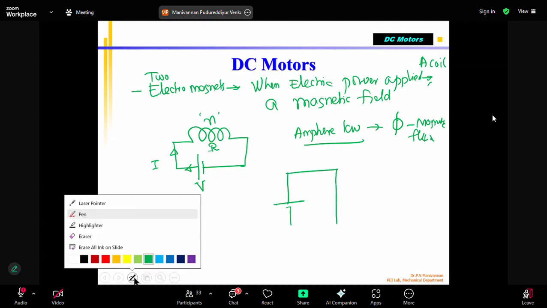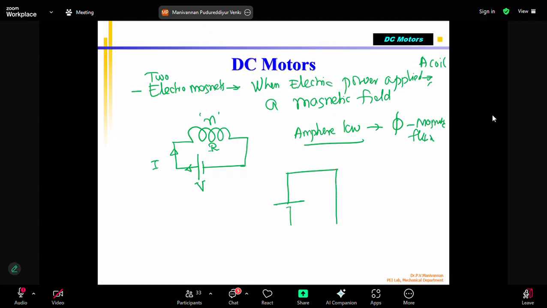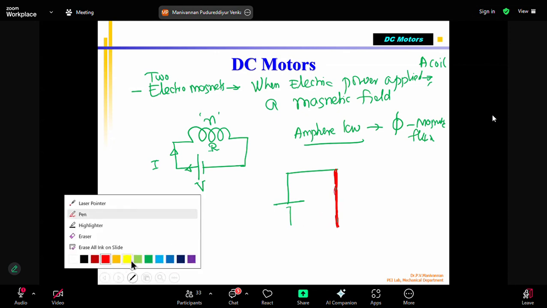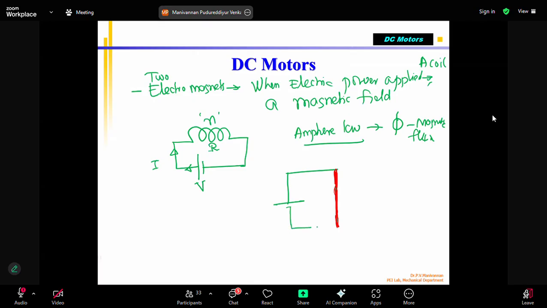Of course, we know that the current will flow through the other wires also. I am talking specifically for understanding purpose. Take a long wire, which is represented here as a red color. For understanding purpose, we are saying this represents a motor coil. This red part is the coil.